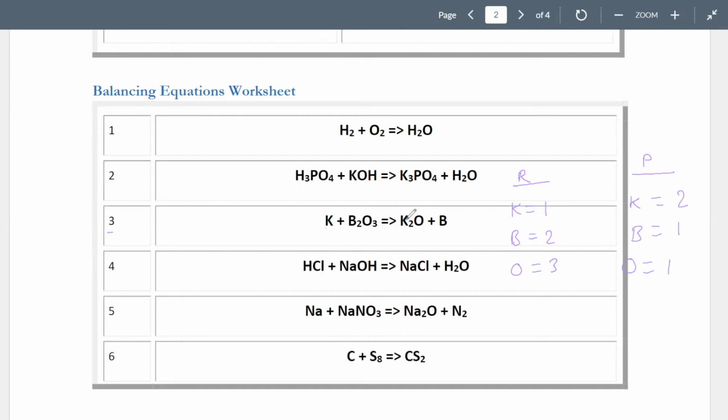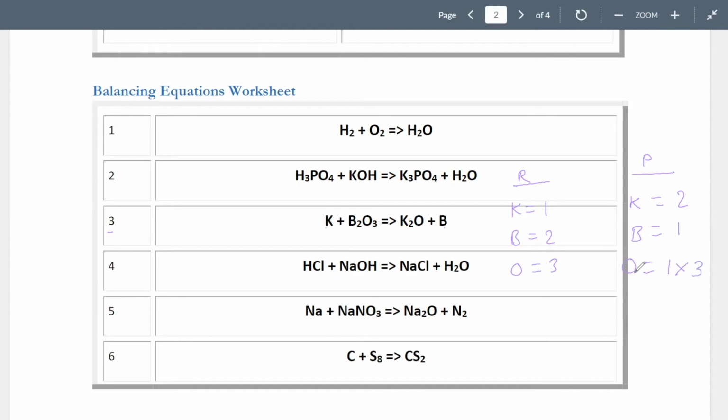Okay, so first we're not going to balance potassium or boron now because they are free elements. So we're going to balance the oxygen first in this case. There are 3 oxygen atoms on the reactant side and 1 on the product side. To make it equal, we need 3 oxygen atoms, so we need to multiply that by 3.